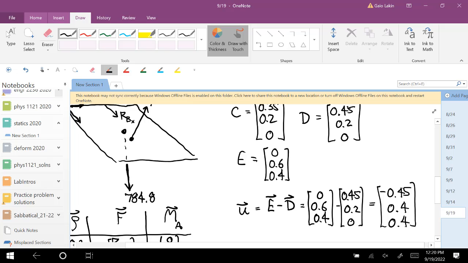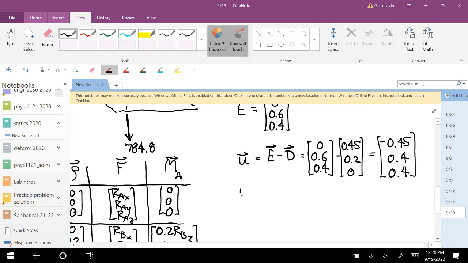And now we need a unit vector in that direction. Does any of you have a calculator that'll just do that unit vector command? Can you just tell me the unit vector in that direction? Otherwise, we just have to divide by the magnitude. Negative 0.629, 0.553, 0.553.